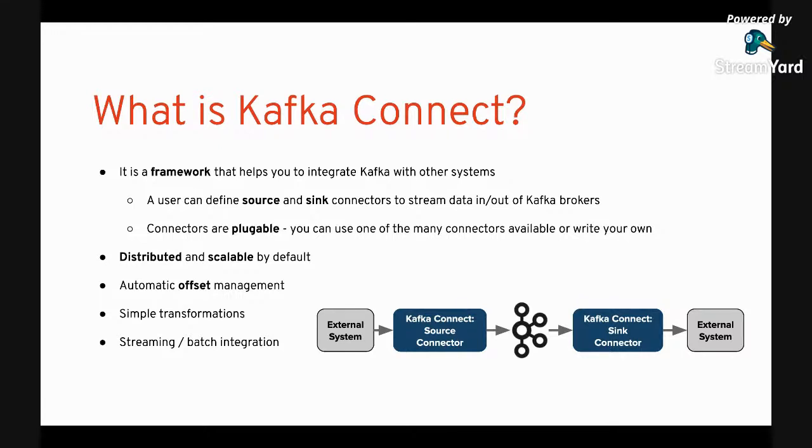Those connectors are pluggable, so you can use them as already packaged, or you can also write your own custom connector. And the connectors are distributed and scalable by default, and they have automatic offset management, and also they support simple transformation and streaming and batch integration.